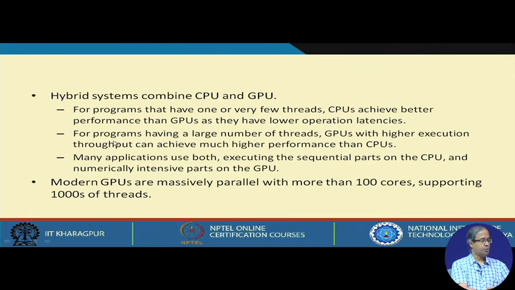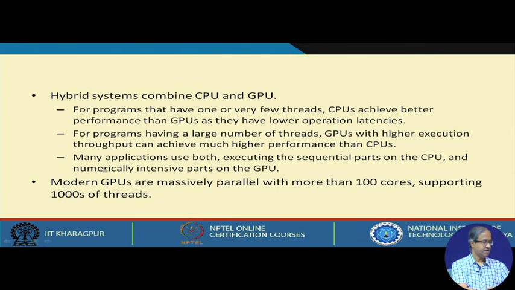But if you think of programs which have thousands of threads, let us say, then running them on a CPU may not be that efficient. So, here GPUs come into the picture. So, GPUs can provide very high throughput for multi-threading kind of applications where the number of threads are very large.